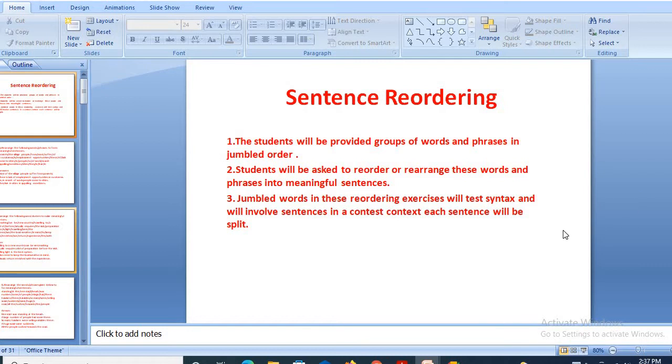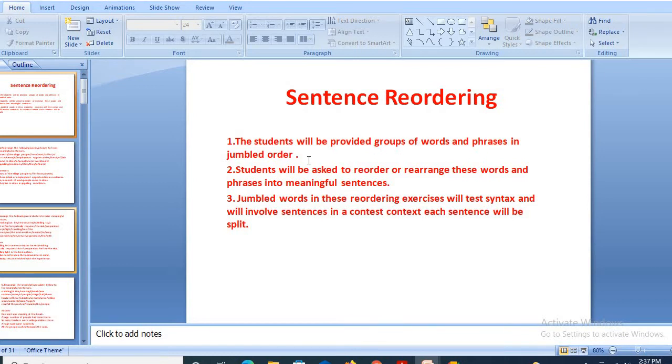So sentence reordering, you did it earlier. You have plenty of knowledge, plenty of information regarding it. I will be just giving you an overview of the entire thing. Now sentence reordering, basically you have to arrange the words and phrases that are given in jumbled order. The students will be provided groups of words and phrases in jumbled order.